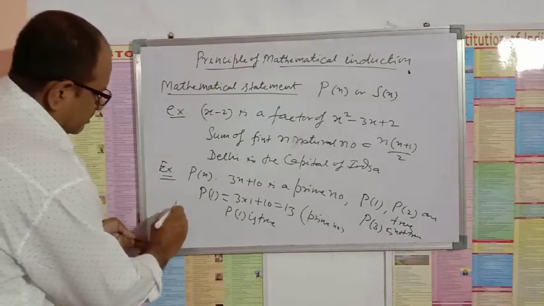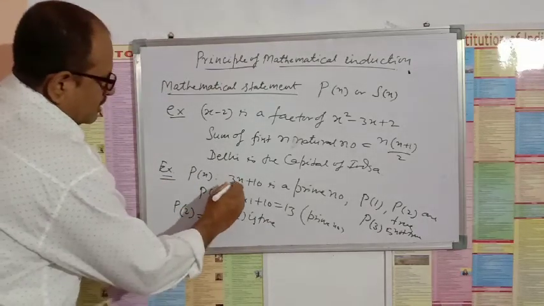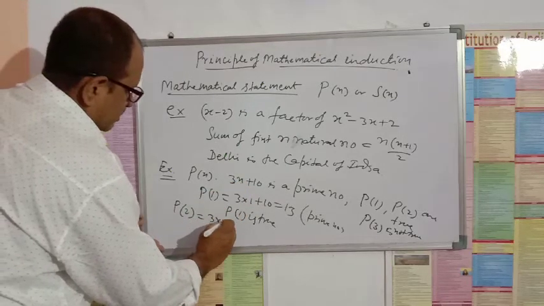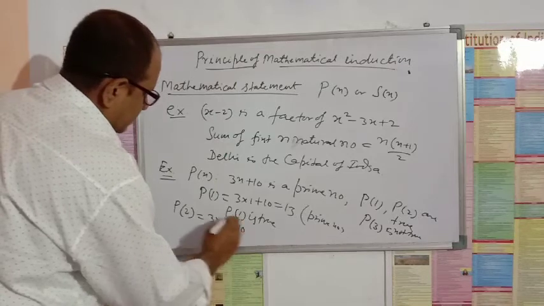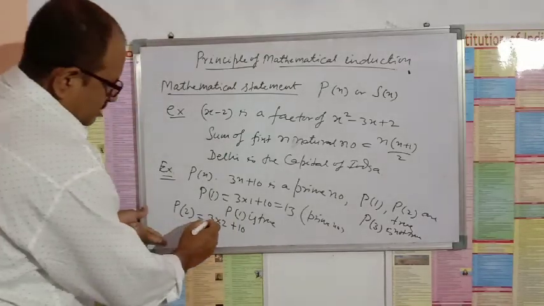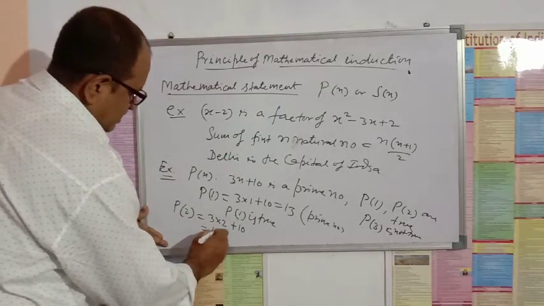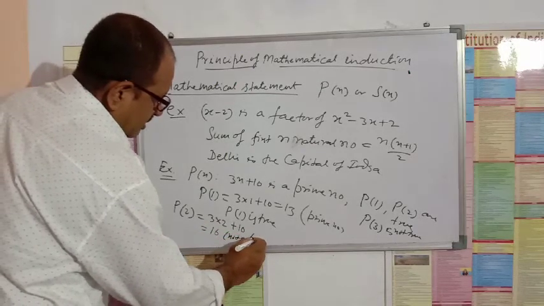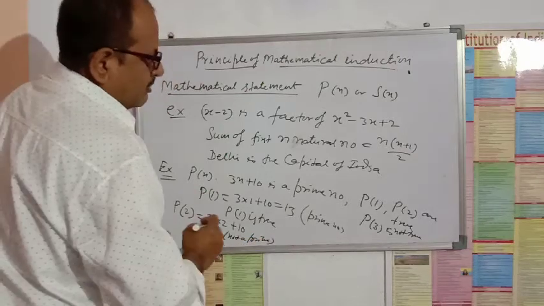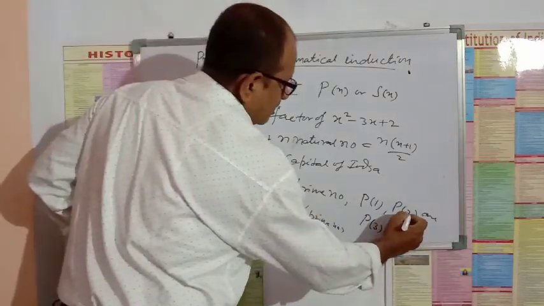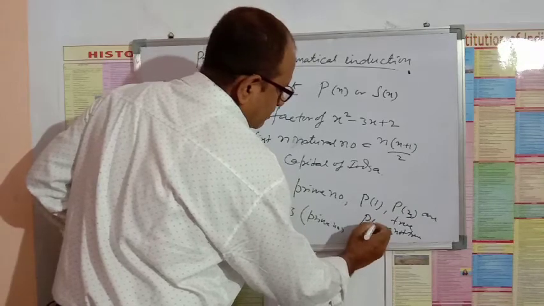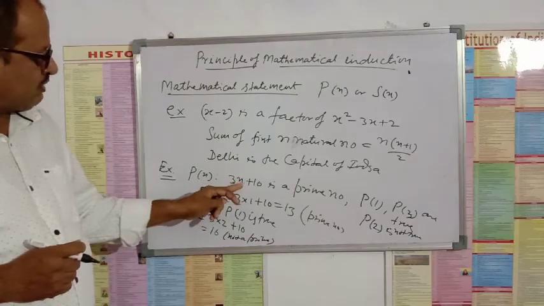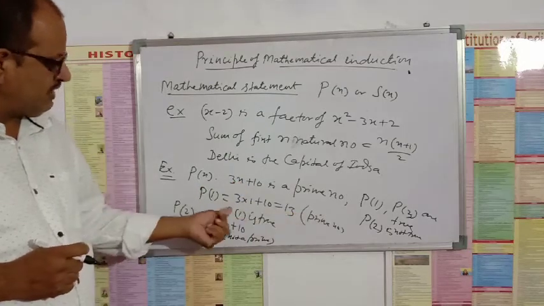Now check P2. 3 into 2 is 6, 6 plus 10 is 16. 16 is not a prime number, so P2 is not true.